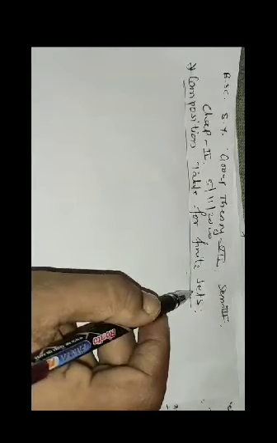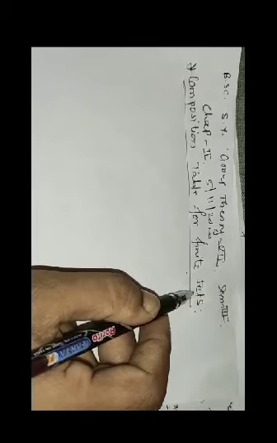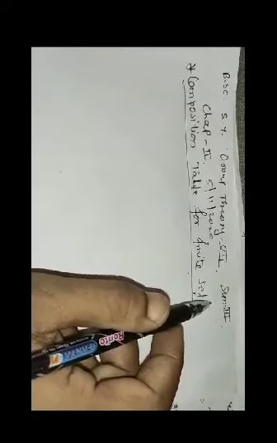If a finite set is given, and we have to determine whether the given set is a group or not, then we can do it by a composition table. If we use the composition table, then it is very easy to identify whether the given set is a group or not a group.